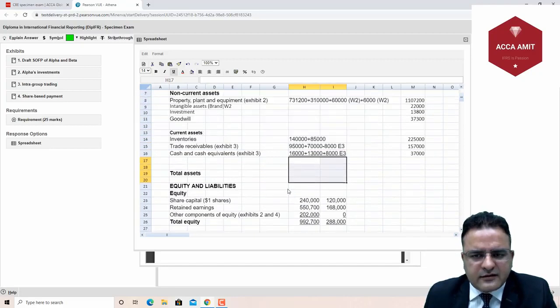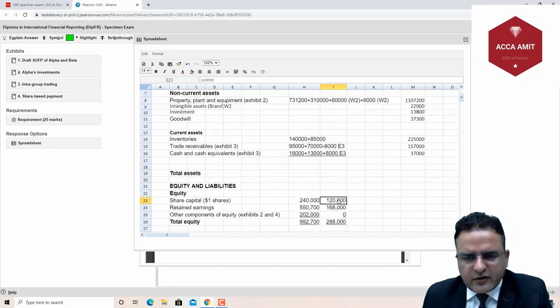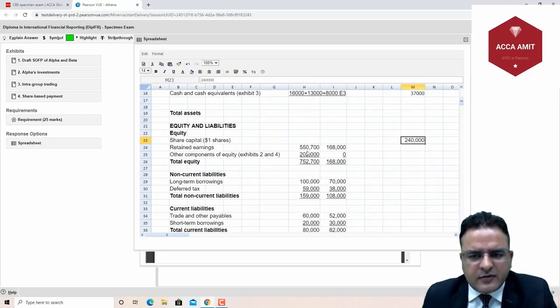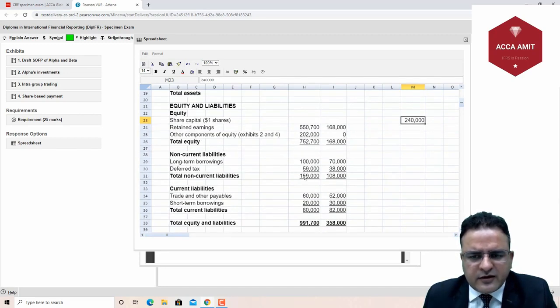Total assets, it will be only share capital of parent only. Share capital of parent only. We'll be presenting with group retained earnings. We are yet to calculate this. Other components of equity, you are yet to calculate this.